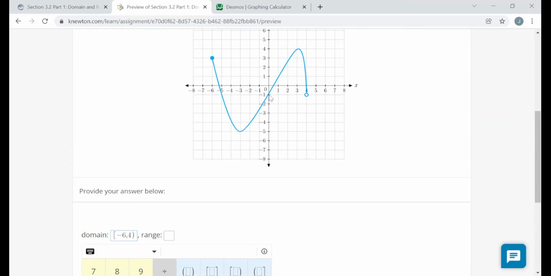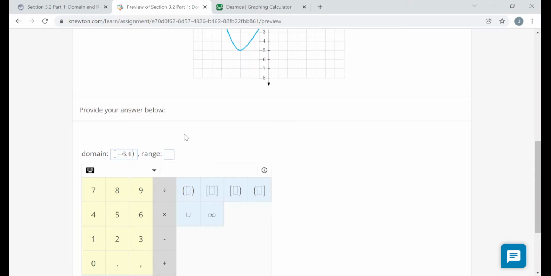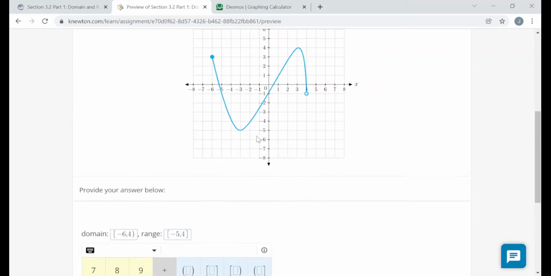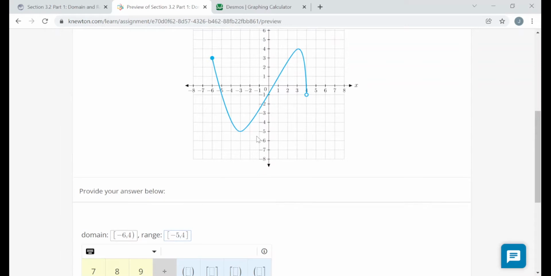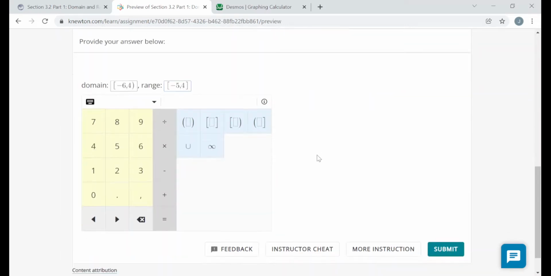There's an open point there. Yeah, but there's 2 solid points. There are points with a y-coordinate of -1. So from -5 up to 4, including both those ends, make up the range. Alright, so bracket -5, comma, up to 4, and then a bracket again, because both of those values are used as y-coordinates in some points on this graph.